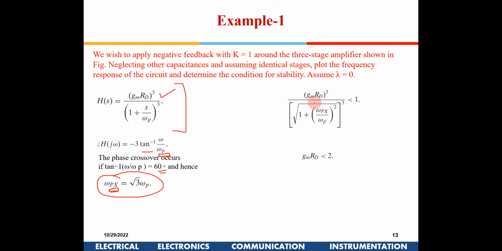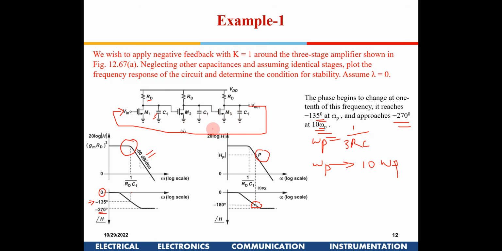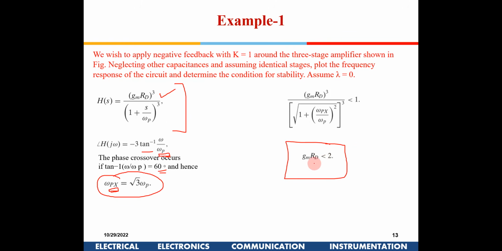And this is the gain. So if I put these values, omega px as root 3 omega p, I will get the value of GMRD to be less than 2. So as long as I use a gain GMRD less than 2, this circuit will be stable. If I use GMRD greater than 2, then this will become unstable.